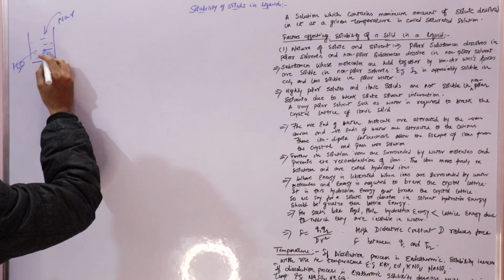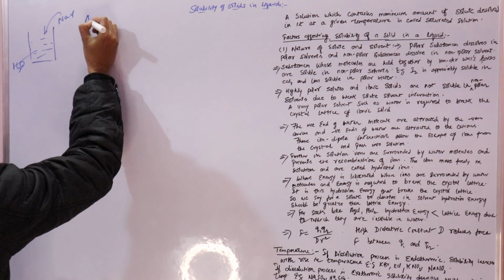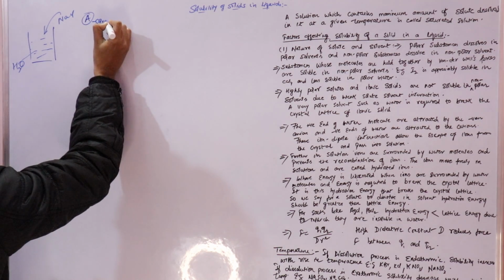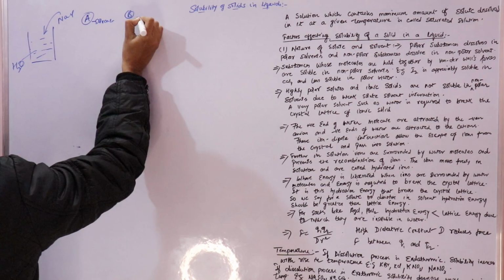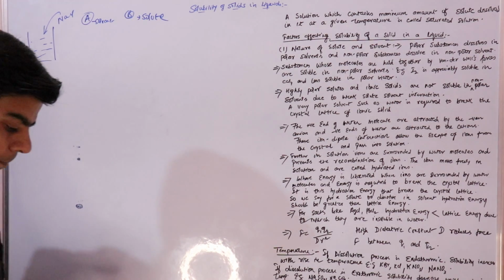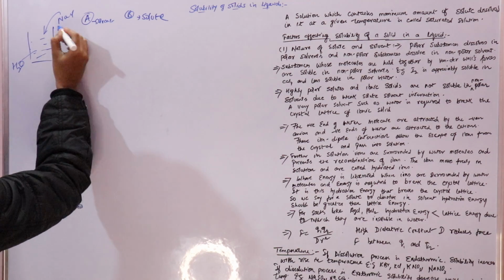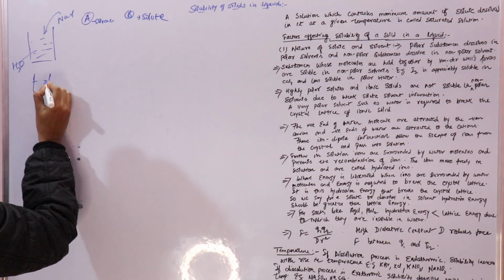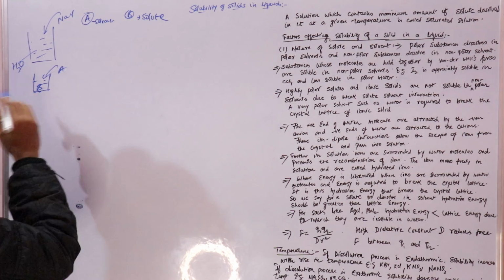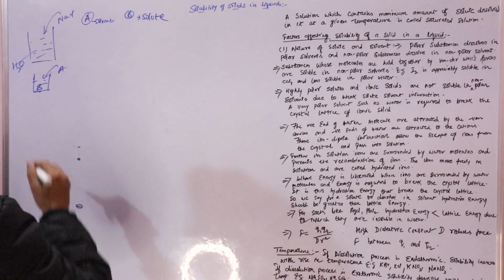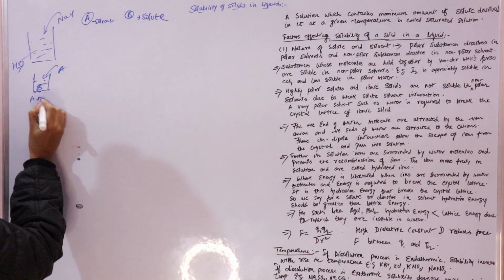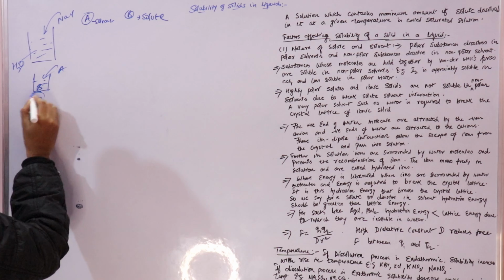Suppose A is your solvent and B is your solute. We are adding B to A, and when B mixes with A, it will form AB.